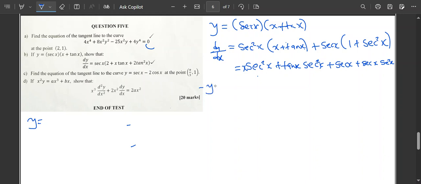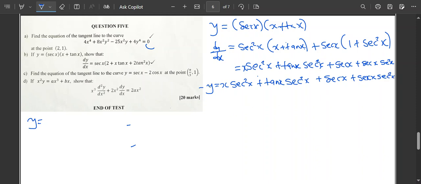So this is, let me say, y prime is equal to x sec squared x plus tan x, then sec squared x, then plus sec x plus sec x sec squared x.